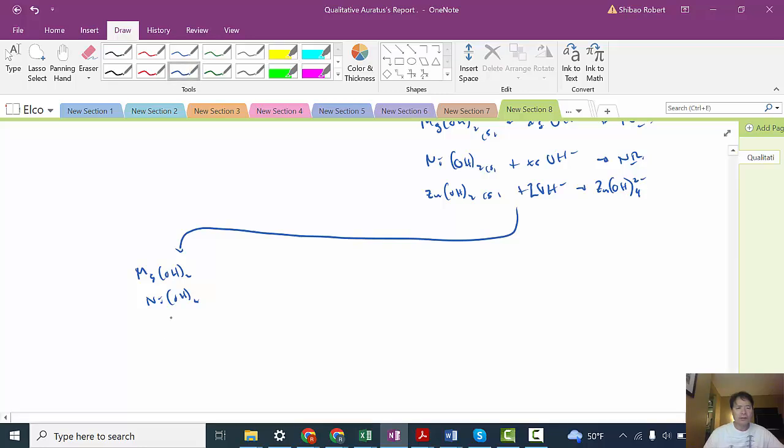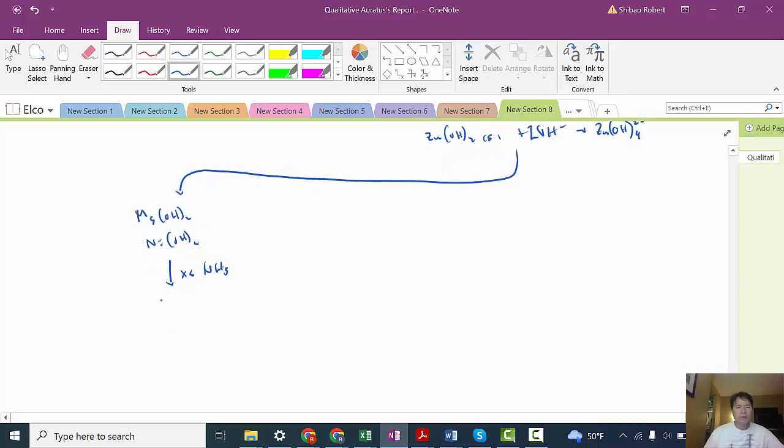And so what we're going to do is add excess ammonia. When we add excess ammonia, nothing happens to the magnesium hydroxide, it just stays. So we'll have the magnesium hydroxide over here. However, with the nickel, we're going to form the amine complex of nickel.